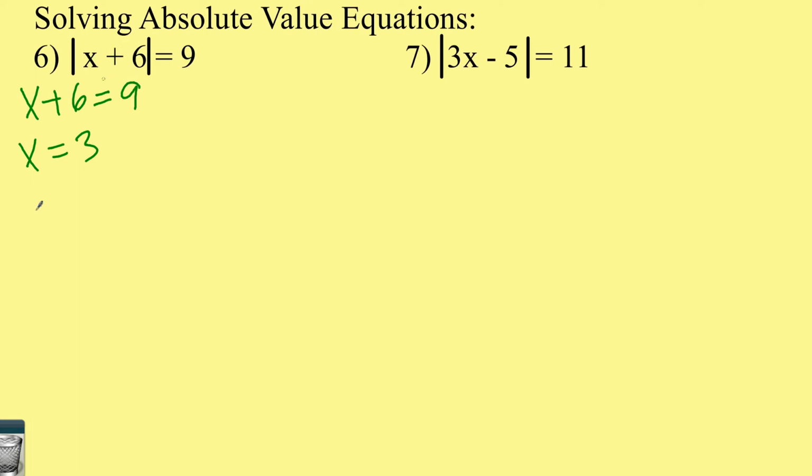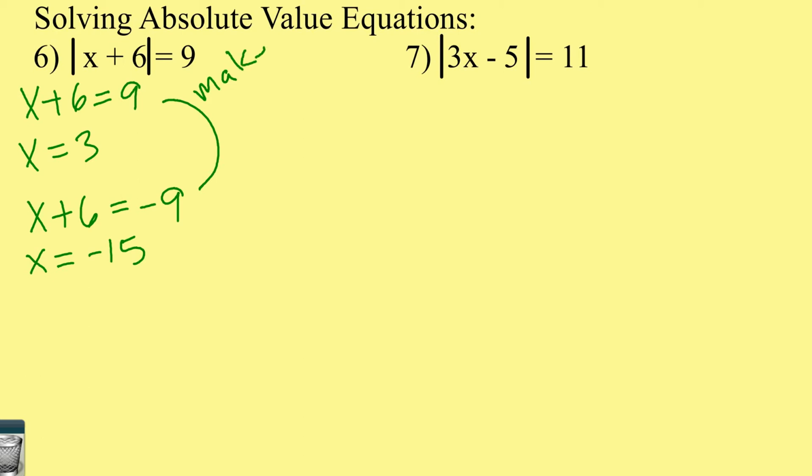Well, the absolute value of x plus 6, if that ended up equaling -9, we would get the same thing. Okay, notice if we solve this, we get x equals -15. And if we plug it in, it works. -15 plus 6 is -9. Absolute value of -9 is 9. So we solve two equations. We've got to make two equations.